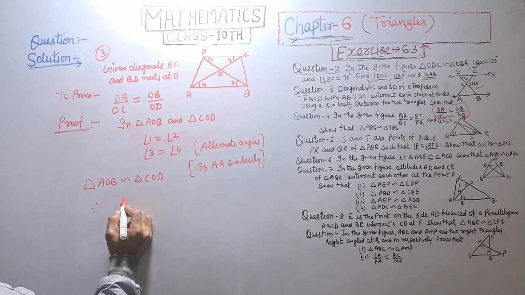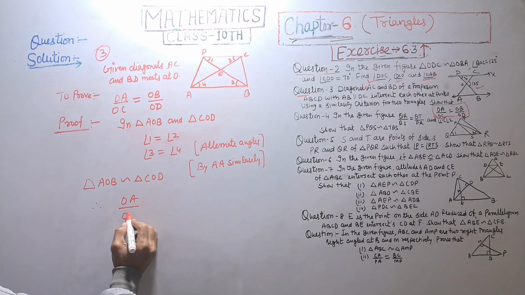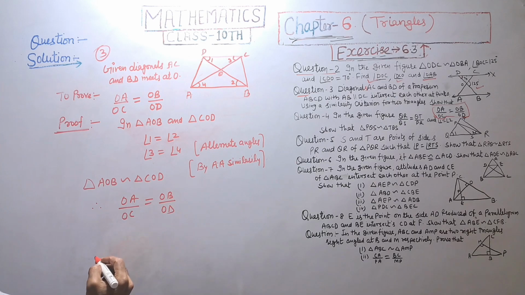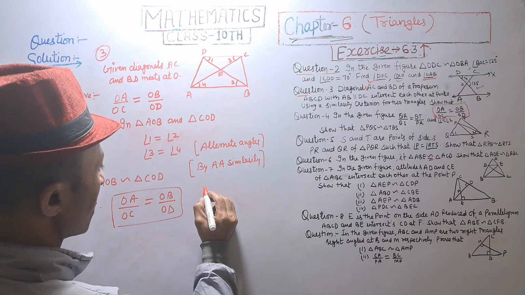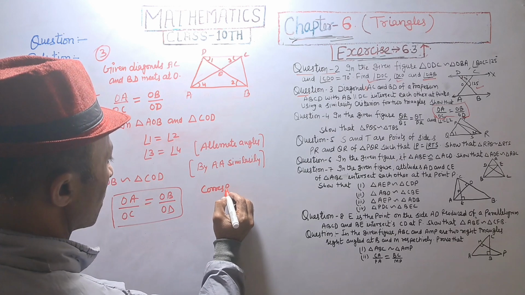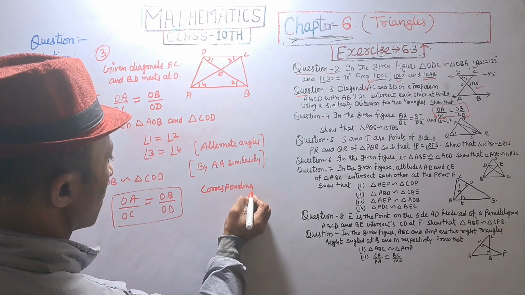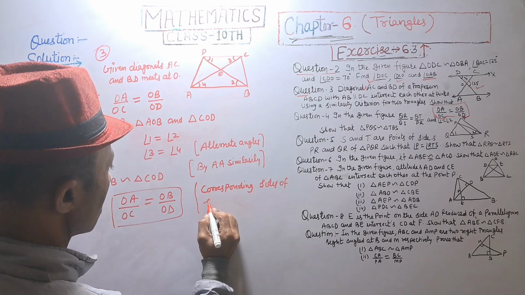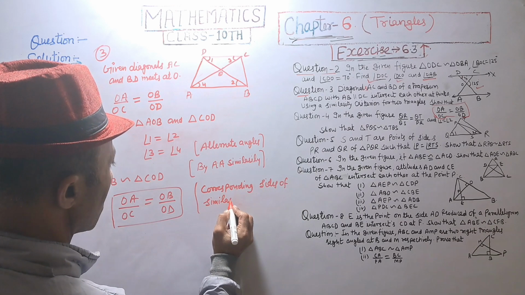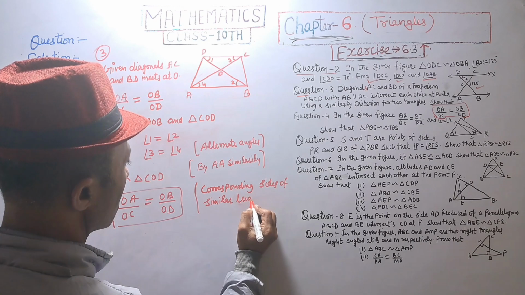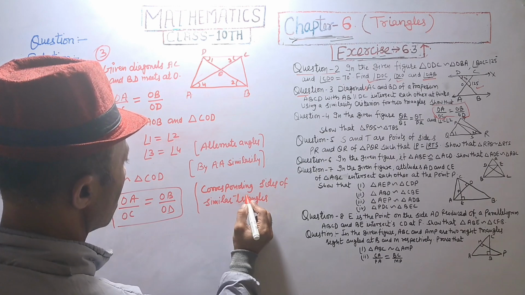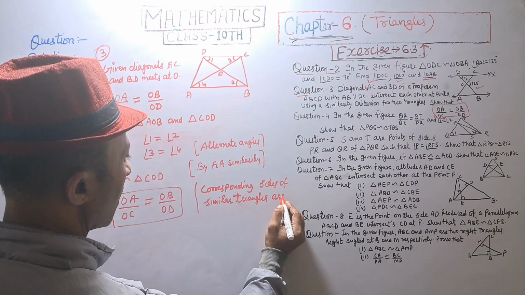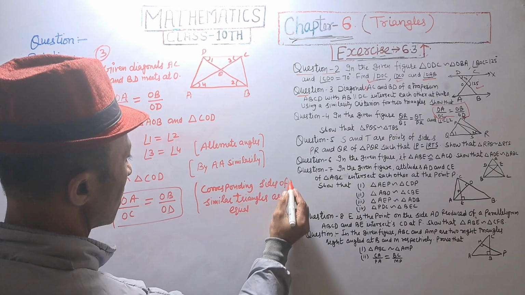So OA upon OC is equal to OB upon OD, because corresponding sides of similar triangles are equal.